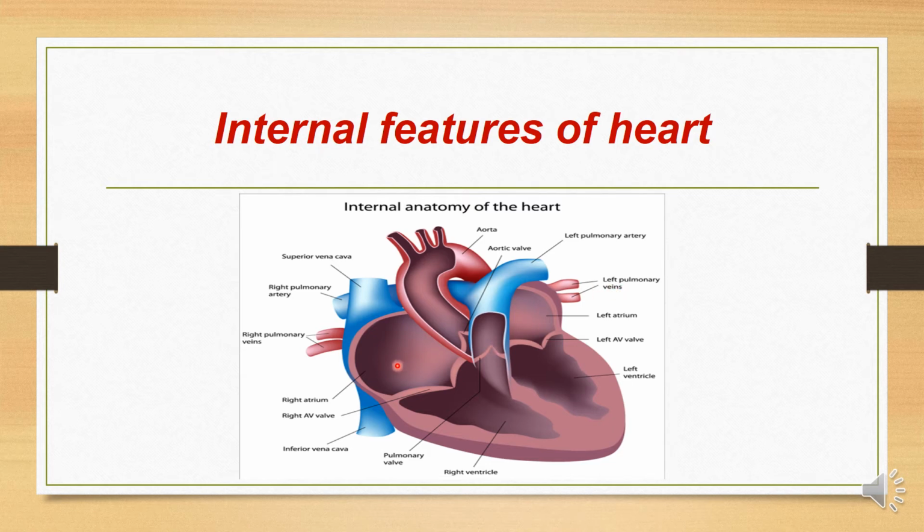And from the ventricles, the blood is leaving into the aorta and into the pulmonary artery. So the pulmonary artery is taking deoxygenated blood to the lungs, and the aorta is taking oxygenated blood to the different parts of the body. So that's why we say that all veins carry blood towards the heart.